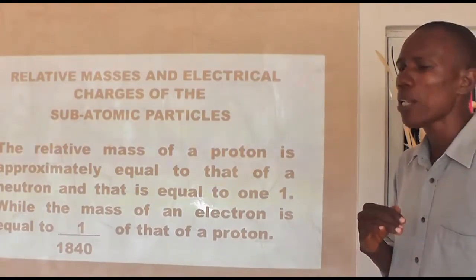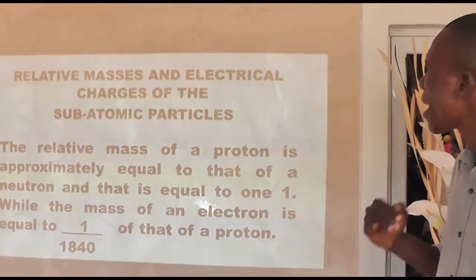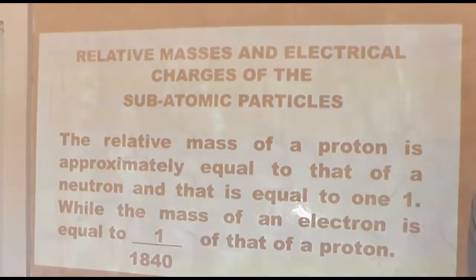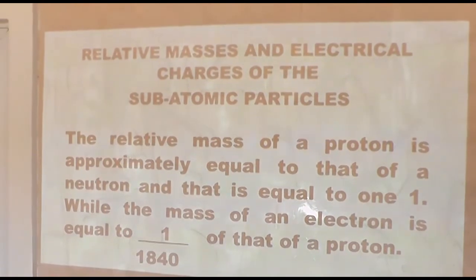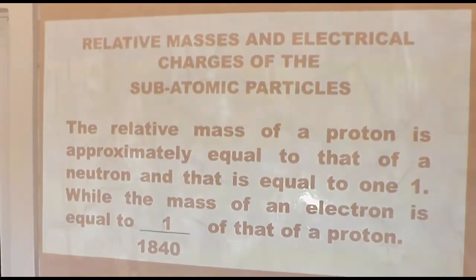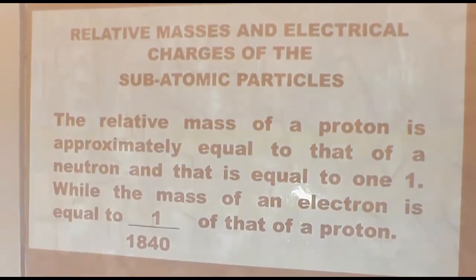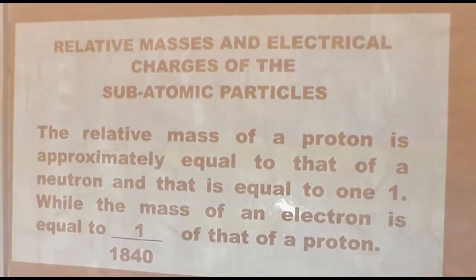Now, let us quickly look at the relative masses and electrical charges of the subatomic particles. Having known that an atom is made up of subatomic particles, which are the protons, neutrons, and electrons, let us look at their charges and their masses. The relative atomic mass of a proton is approximately equal to that of a neutron. Don't be surprised.